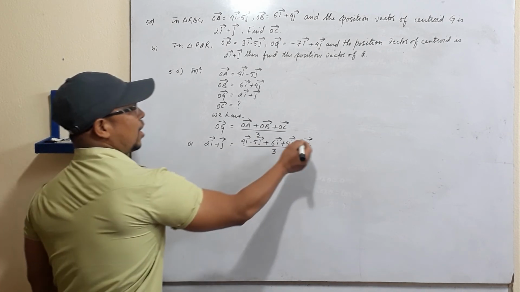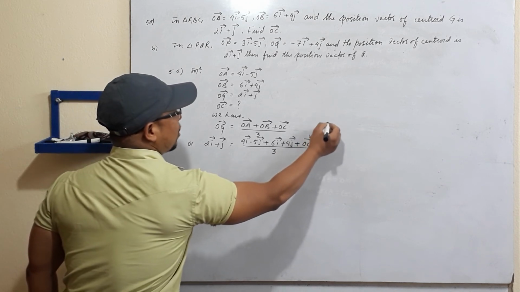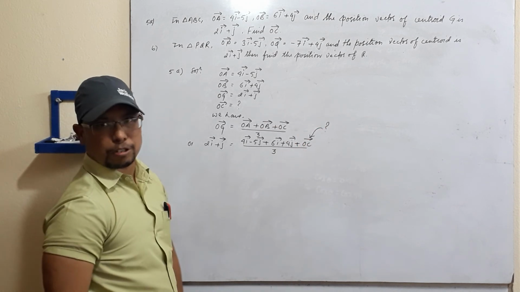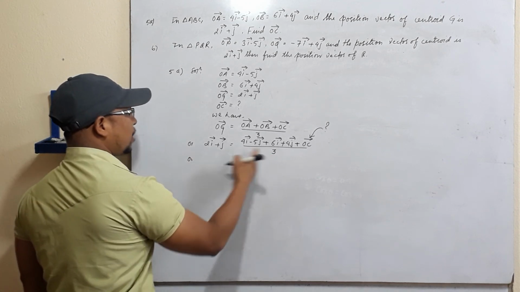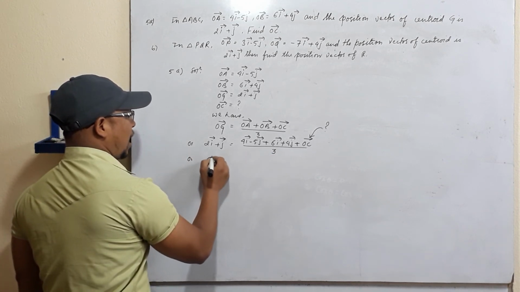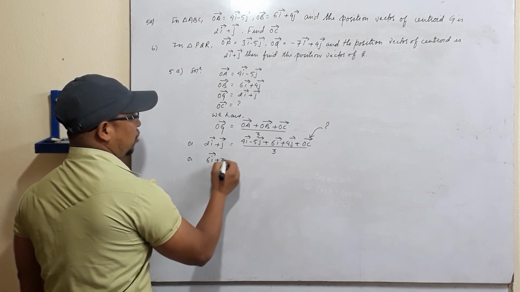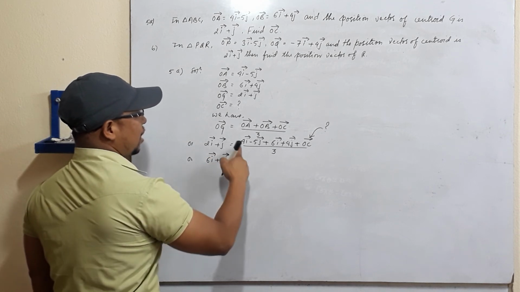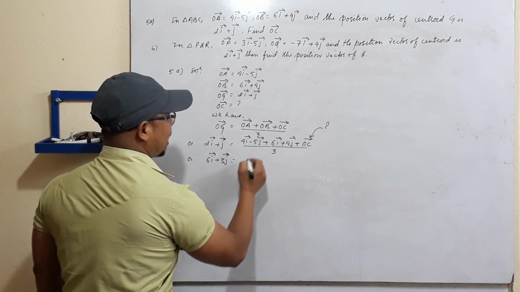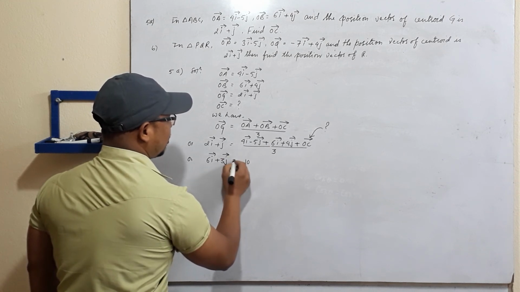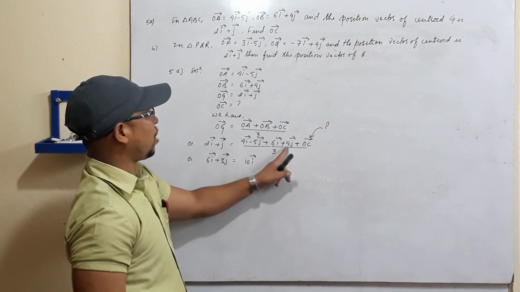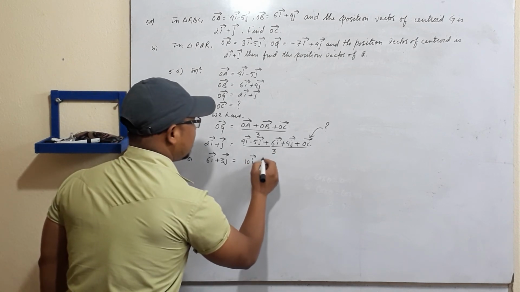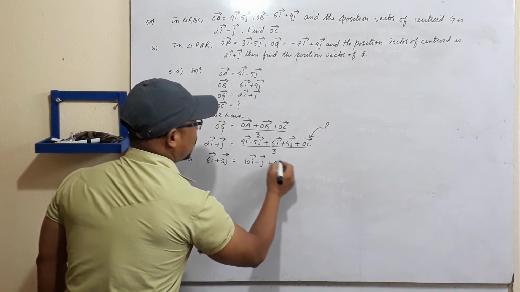You are supposed to find this vector, OC vector equals what? This is just cross multiply. 3 twos are 6i vector plus 3j vector. And 4i plus 6i is 10i vector. Now 10i vector, minus 5j plus 4j means minus j vector, plus OC vector.